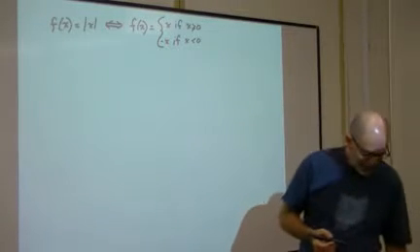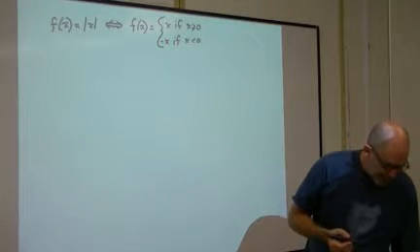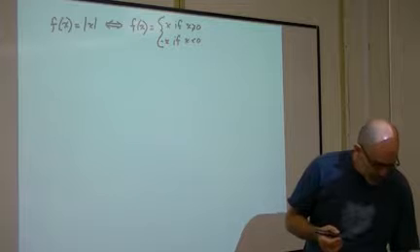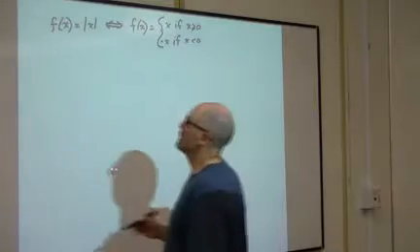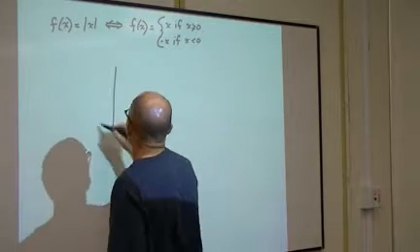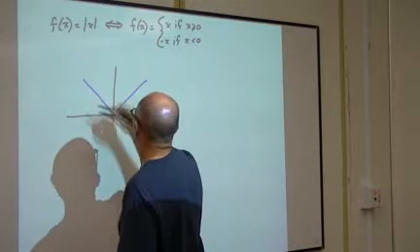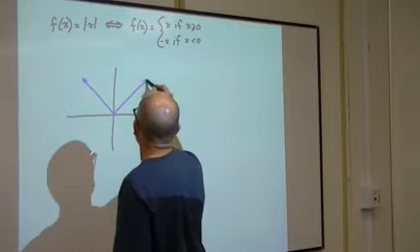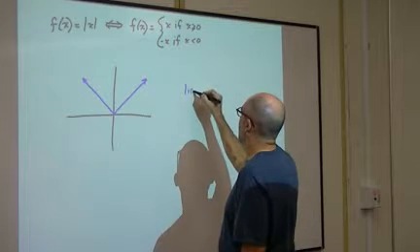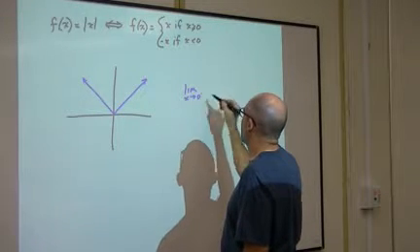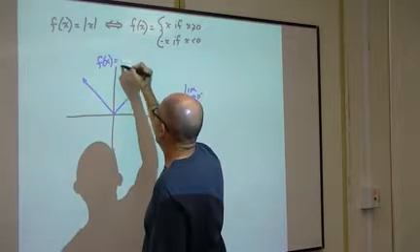Okay, so the limit as x approaches 0 of the absolute value of x. Let's just graph the function. If I want the limit as x approaches 0 from the left, f of x equals absolute value of x.